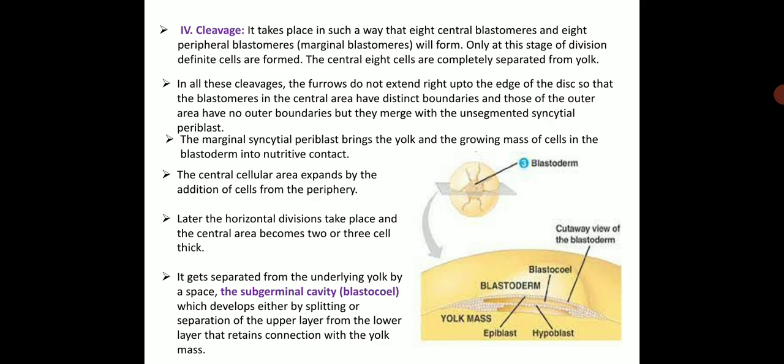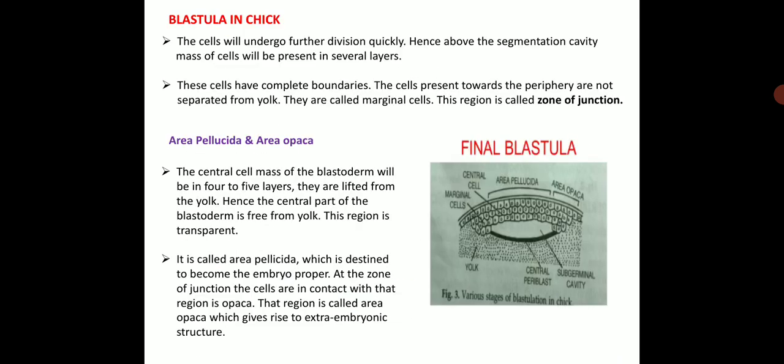So later on, it develops either by splitting or separation of the upper layer from the lower layer that retains the connection with the yolk mass. In the blastulation of the chick, the cells undergo further division quickly.